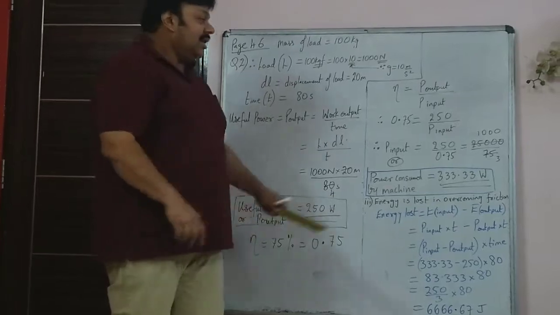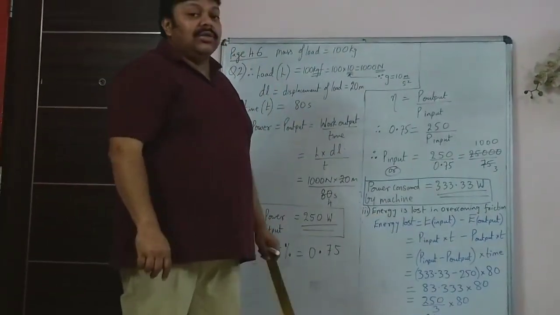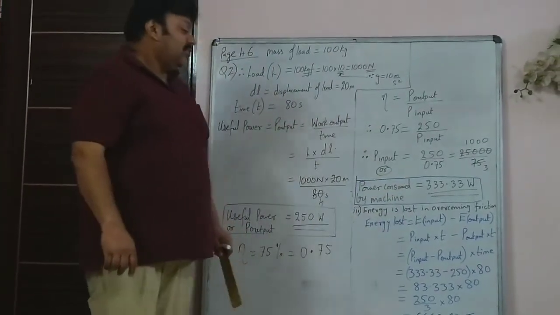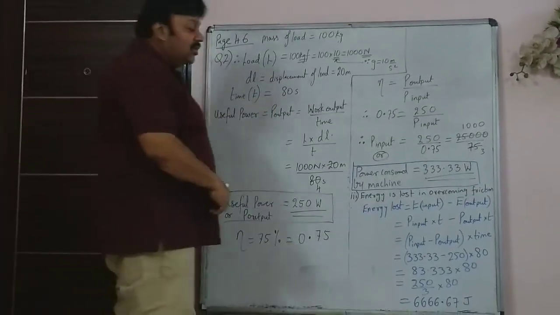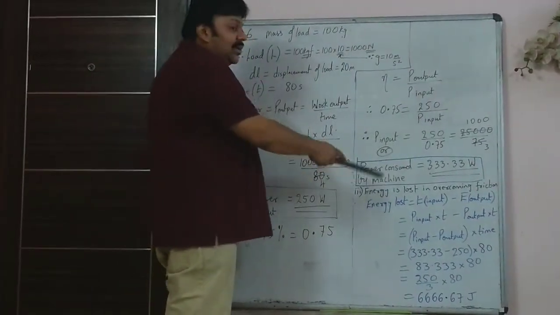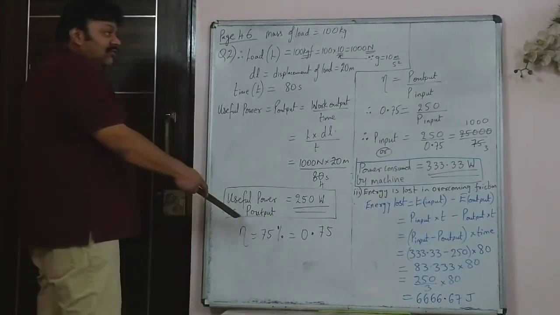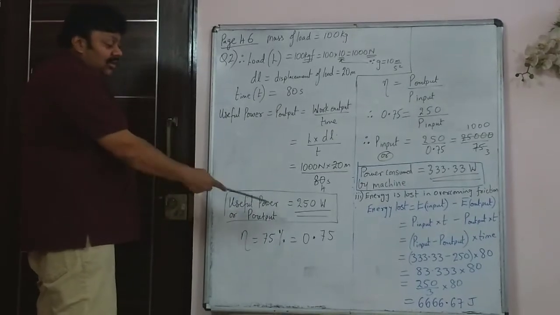So you will get the answer as 1000 upon 3, that is 333.33 watt. That is the power consumed by the machine, which is also called power input. Just get used to these terms. Power consumed by machine means input. And the useful power of the machine means what it was lifting, how much it could lift, that is the output.